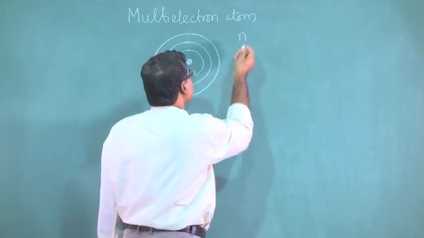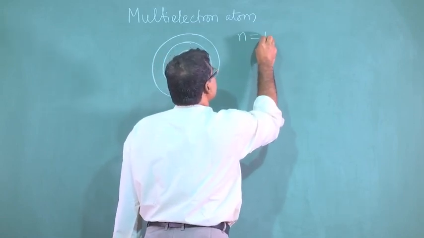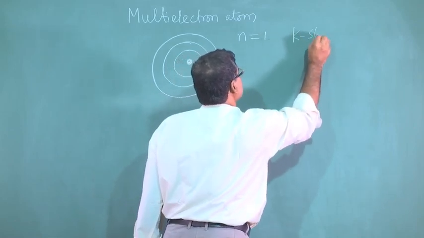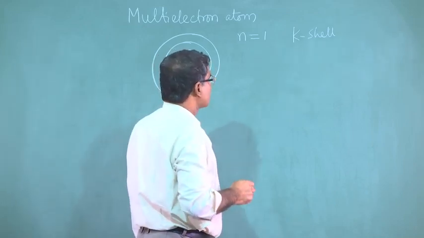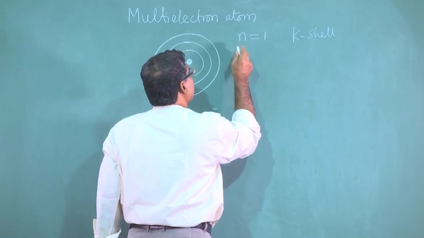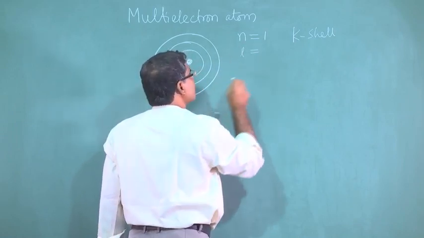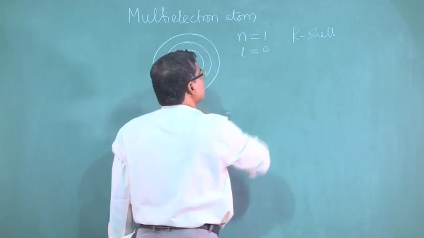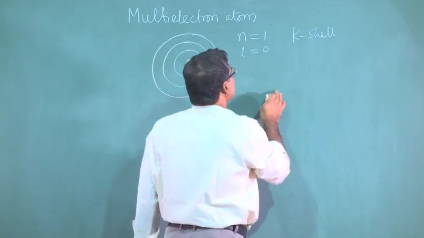n is the principal quantum number, and n equal to 1 is basically the K shell. For the K shell there is another quantum number, L. For n equal to 1, L can take the value 0 to n minus 1, so L equal to 0.